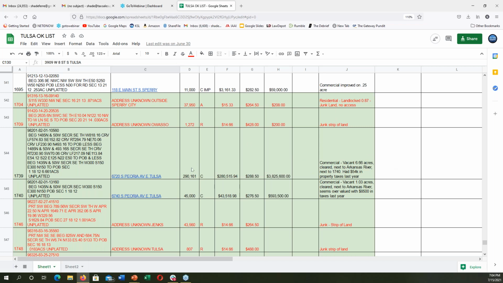These were a couple of interesting properties right here. The opening bids on them were 280,000 and 43,000. But what we were looking at here is some commercial land. This was vacant 6.6 acres, and they're actually kind of right next to each other.